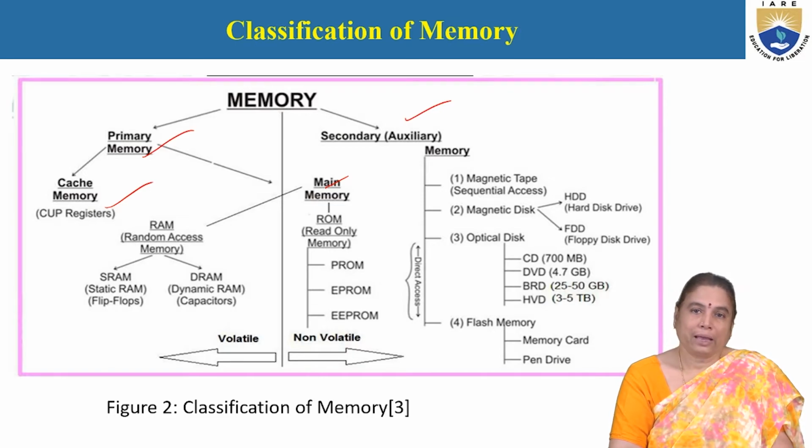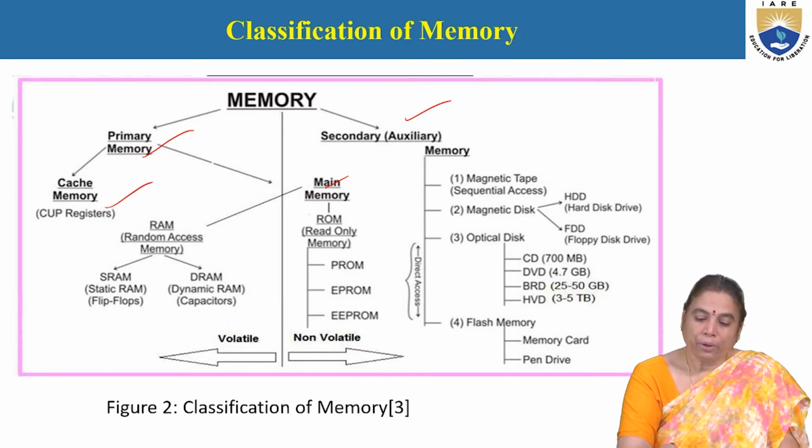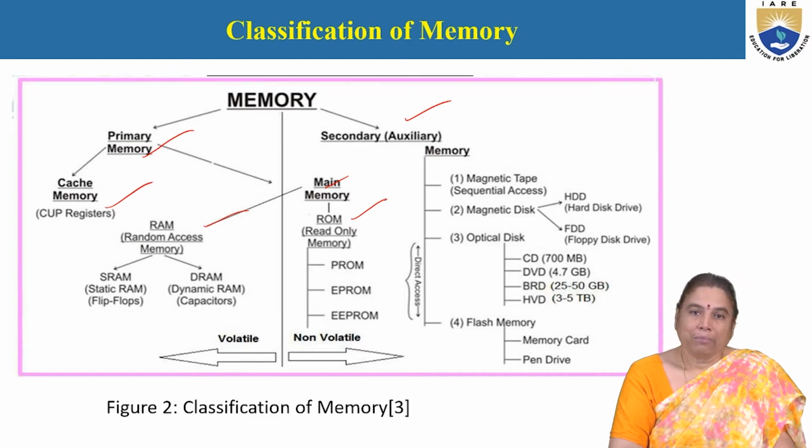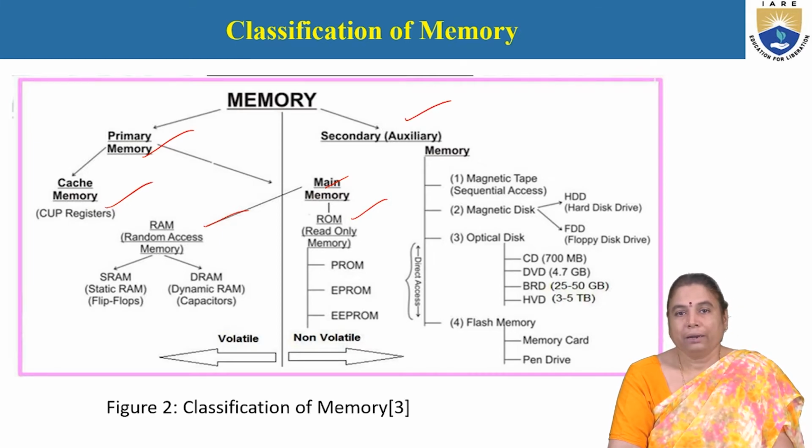Main memory is again segregated into RAM and ROM. RAM is random access memory. Two operations can be supported by the RAM, the read operation as well as the write operation. But RAM is a volatile memory.